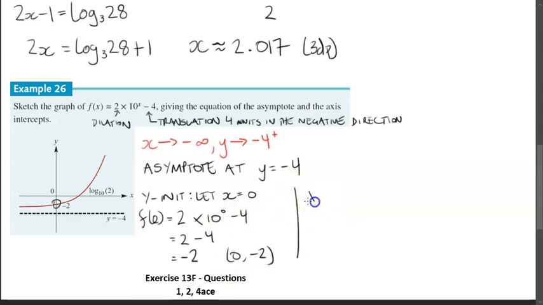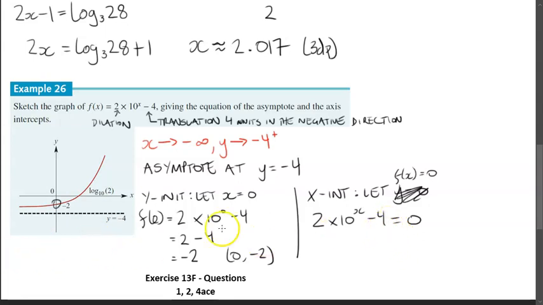For our x-intercept, conversely, we let y equal 0, or specifically, f of x equal to 0. Then we solve for x, applying a few inverse operations. First, we add 4 to both sides to get rid of the negative 4.